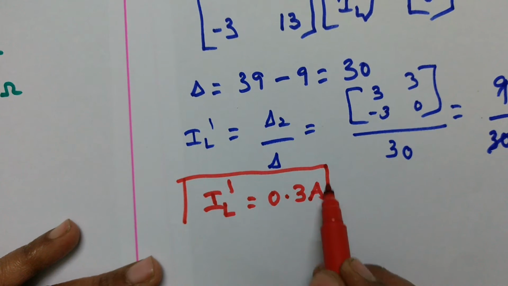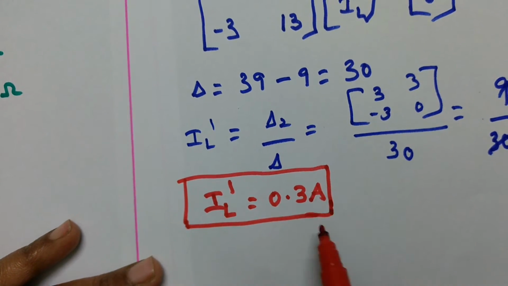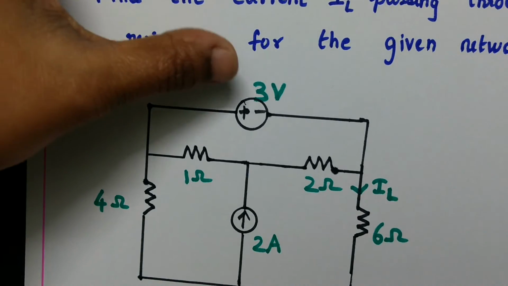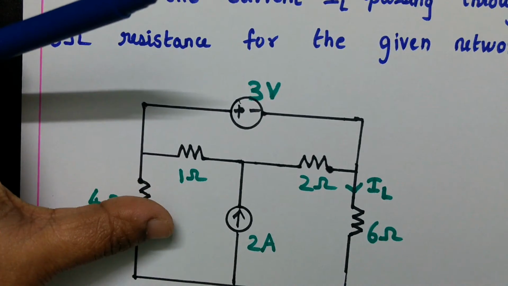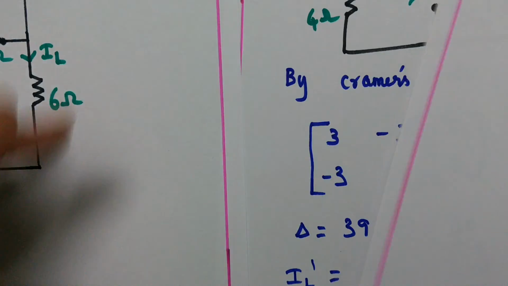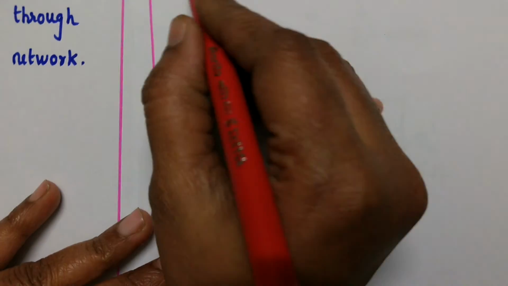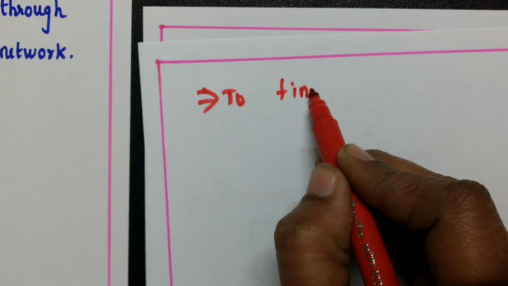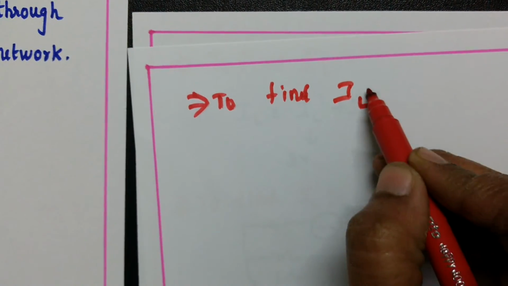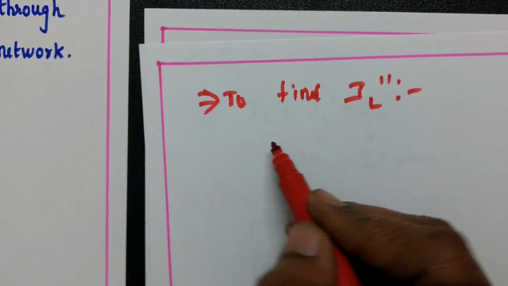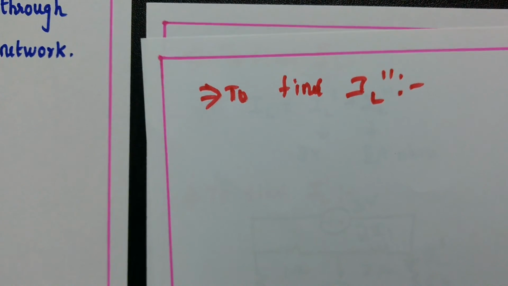So let me find IL double dash. IL double dash is the response due to only the 2 amps. So for the 2 amps, we short circuit the 3 volt and apply only the 2 amps to the circuit. Let me draw the circuit.